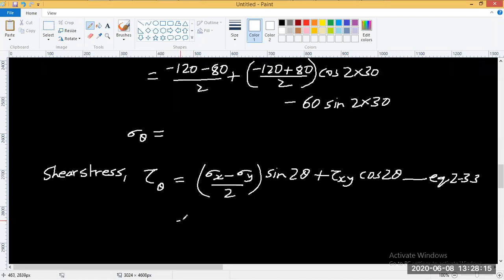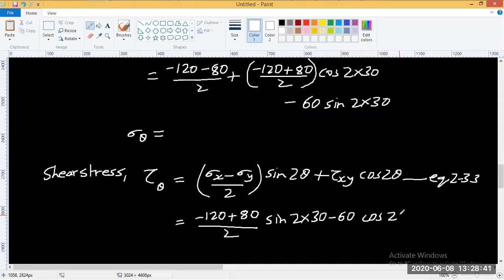Let's see. I need to substitute for this also. So it's sigma x minus 120 minus of minus plus 80 over 2 sine 2 into 30, plus it's no longer plus because we already have a value of minus 60 cos 2 into 30.